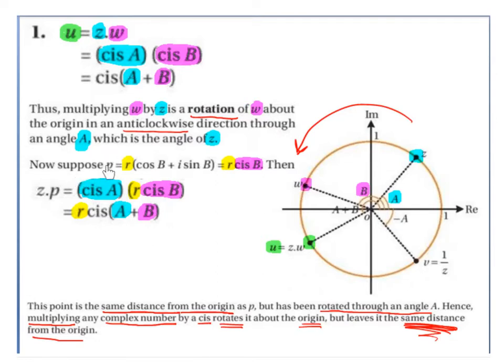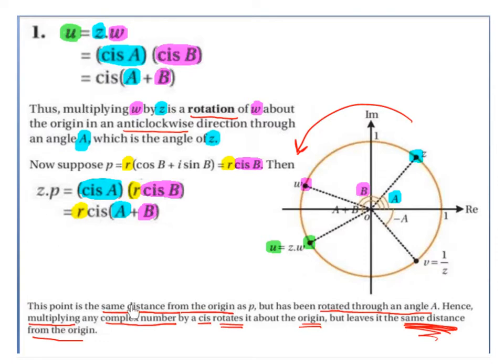Now suppose P equals r cos B plus i sin B, which is equal to r cis B. Then z times P is going to be cis A multiplied by r cis B, which will be r cis of A plus B.